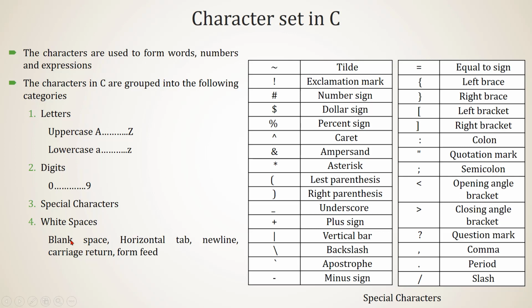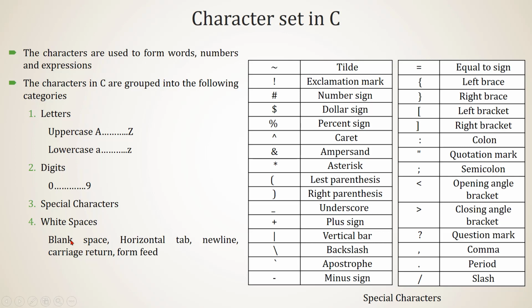Similarly, horizontal tab. You all know about the tab key. On the keyboard, it is just above the caps lock. If we press a tab, it will give some more space.